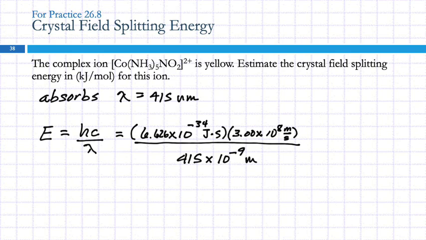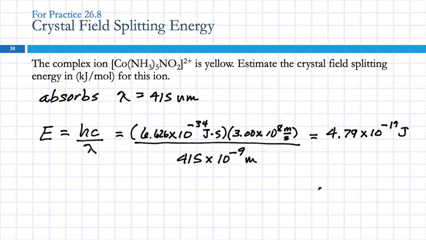So 6.626 EE negative 34 times 3 EE 8 divided by 415 EE minus 9. And I'm getting 4.79 times 10 to the minus 19 joules.